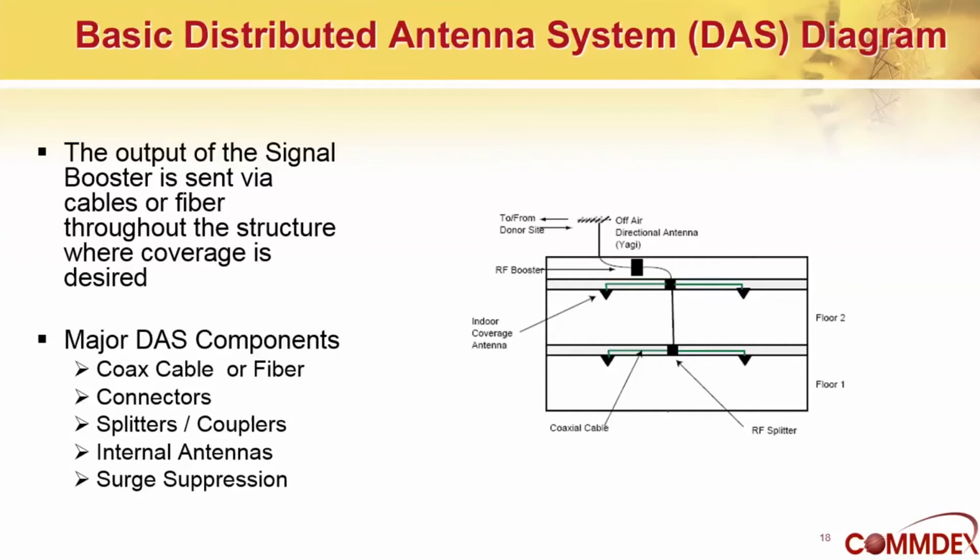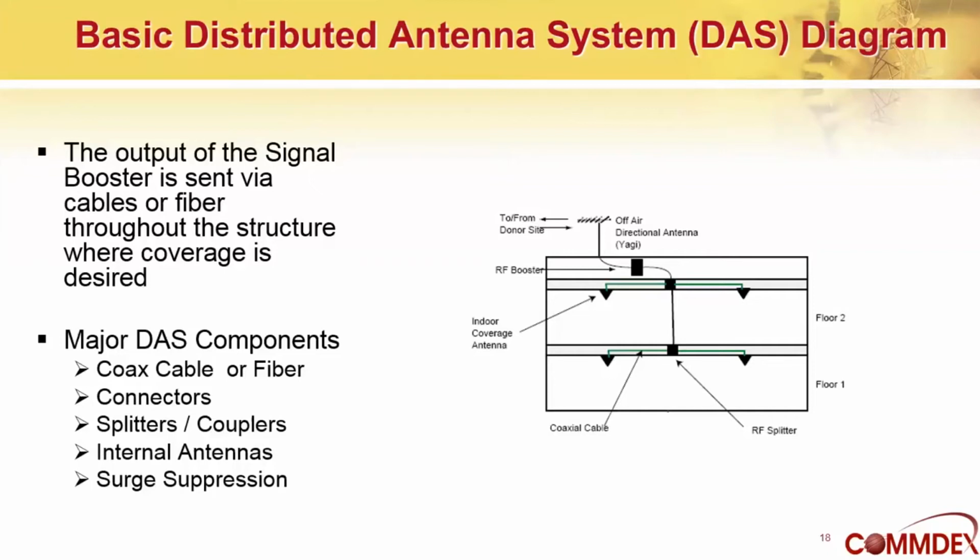So here's a diagram that shows what goes on inside the building with a distributed antenna system. Again, the signal comes in from the donor antenna, goes into the booster or BDA amplifier, is distributed either by cable or fiber throughout the building, and is then distributed through splitters on each floor, in each room in the building, to antennas throughout the building.